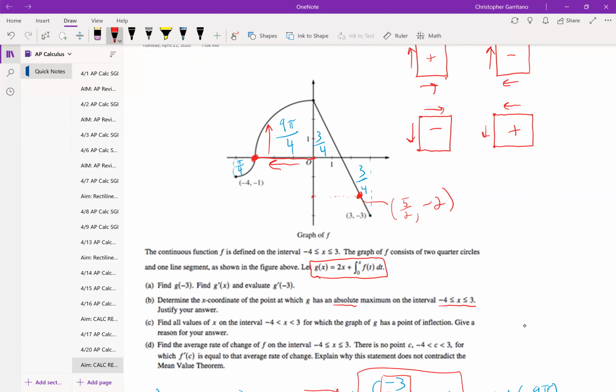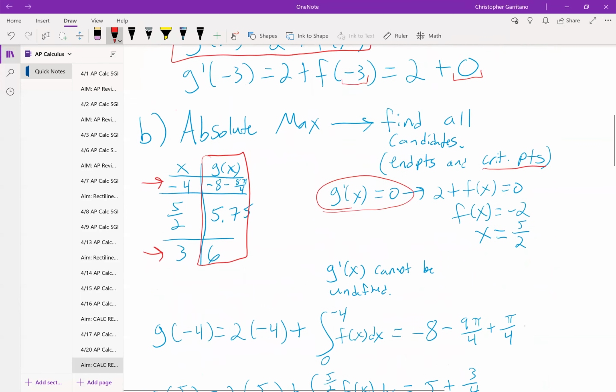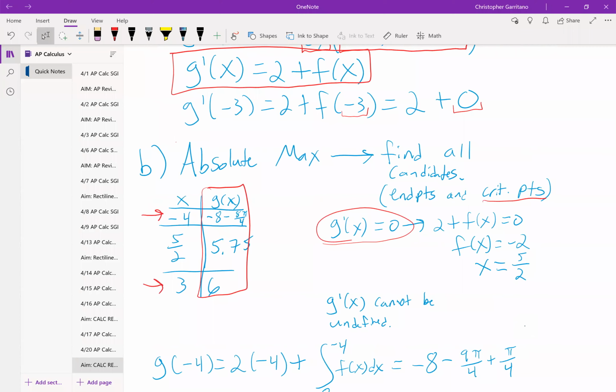The way you can do that, ladies and gentlemen, is to determine the equation of this line segment and plug in the given information, which is the y value, in order to determine the x coordinate. I'll leave that to you to figure out, because I know you can do it. So anyway, I've determined that x equals 5/2 is a critical point, so that goes to my list of candidates.